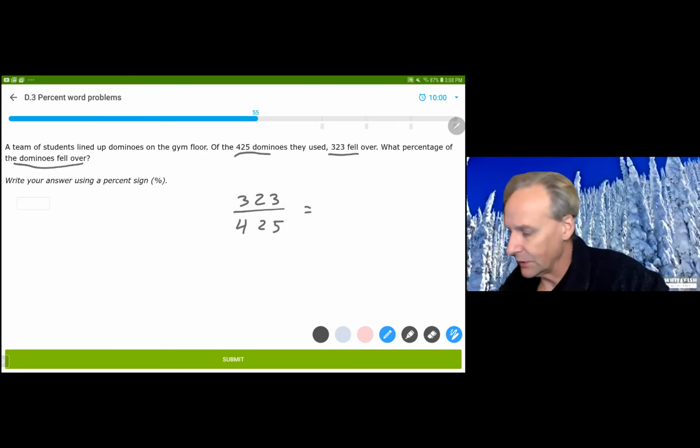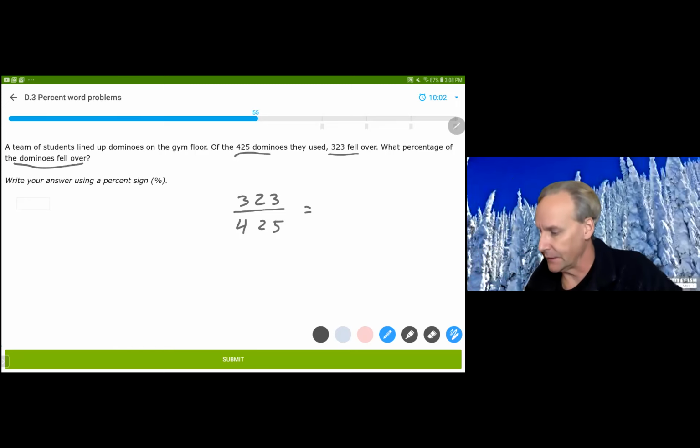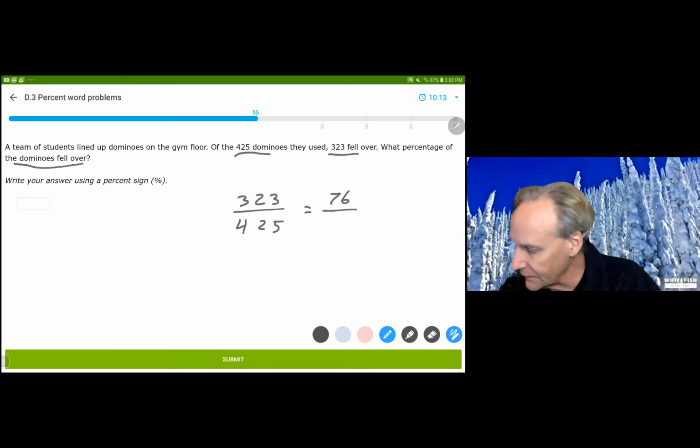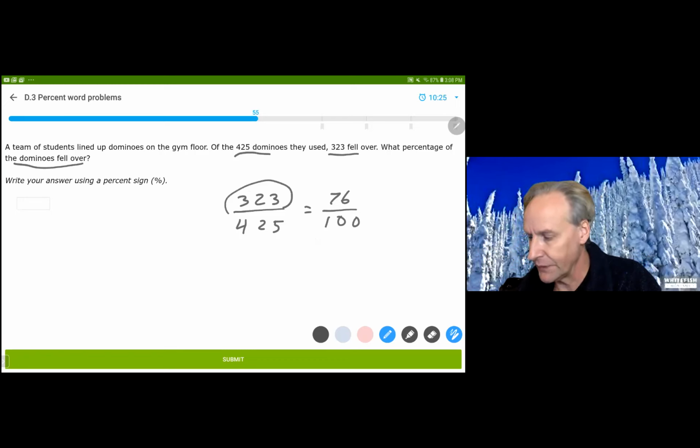It should be divisible if, well, let's take a look and see what we get. 323. Sorry guys, I'm not seeing the common factor yet. Oh, it's 76%. 76 over 100. Interesting. I didn't see the really easy divisor for the 323.